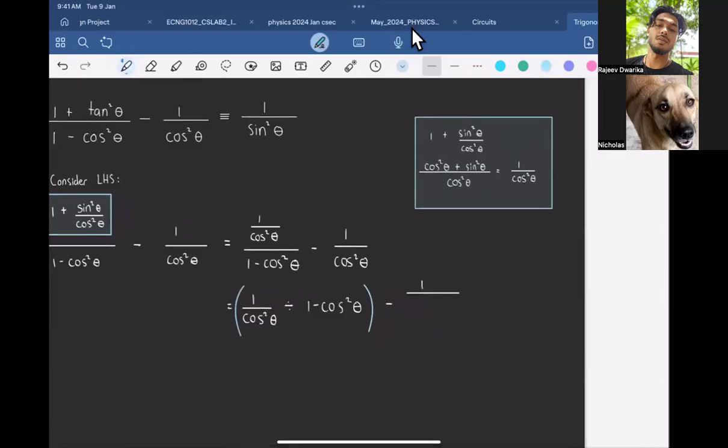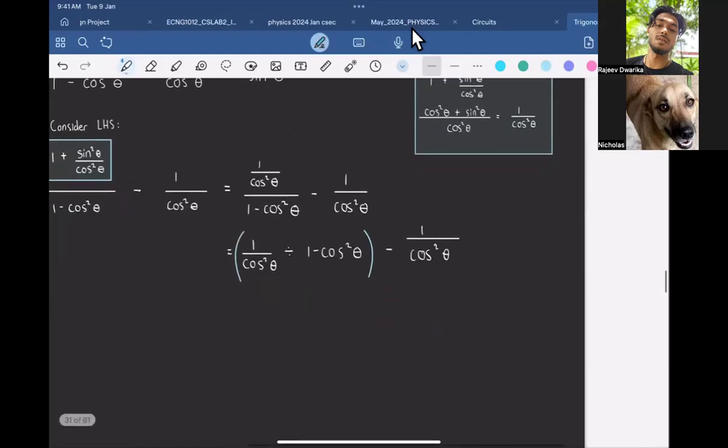Over here now, we're going to change our division sign to a multiply sign, and that'll be 1 over what? 1 over 1 minus cos squared theta.